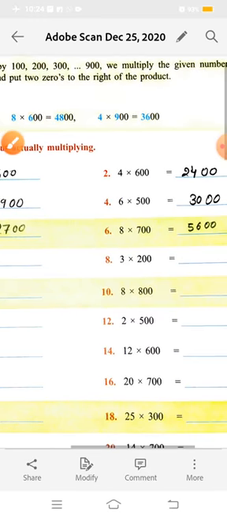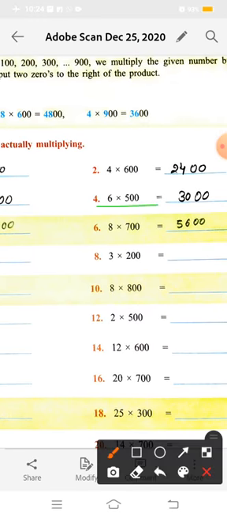Now the fourth number, we have to multiply 6 into 500. It means firstly we will multiply 6 into 5. Okay, we will multiply 6 by 5. So 6 fives are 30, or 5 sixes are 30, and put 2 zeros to the right of 30.